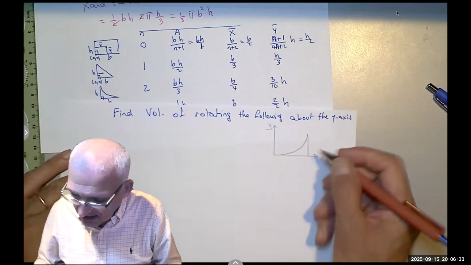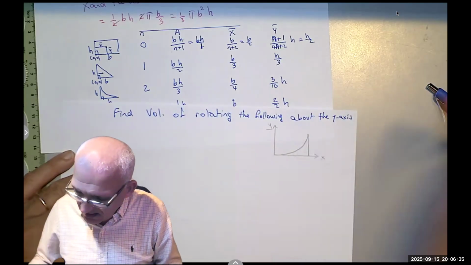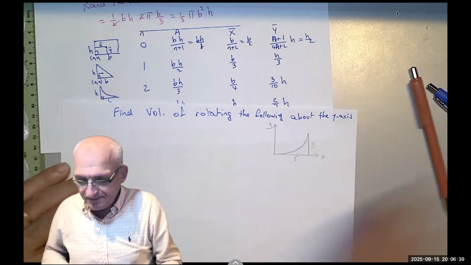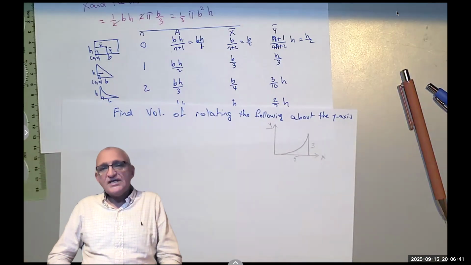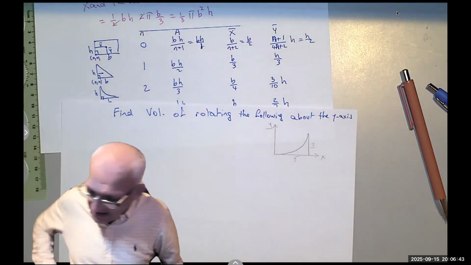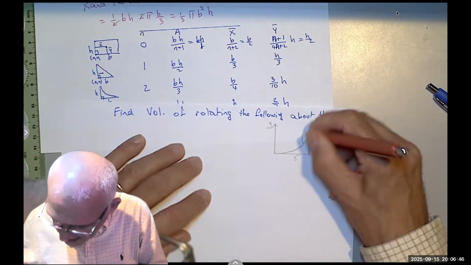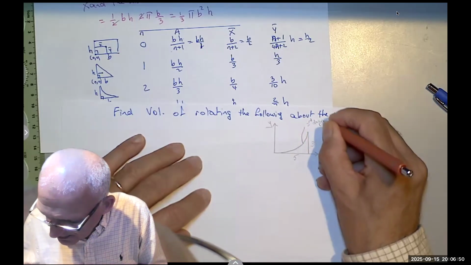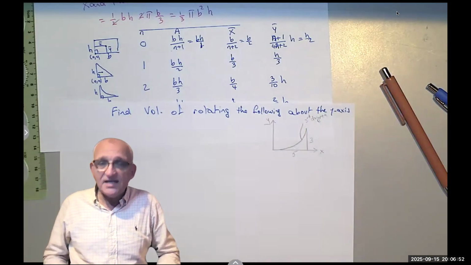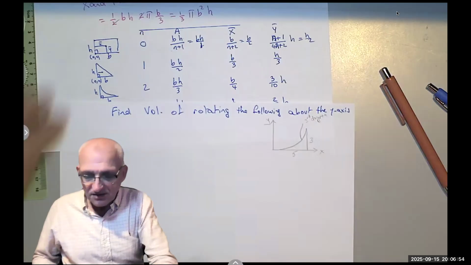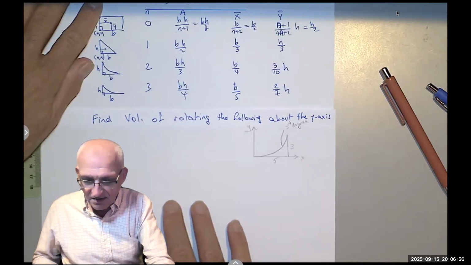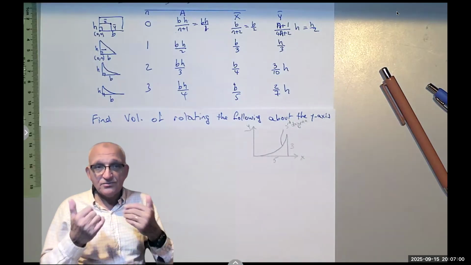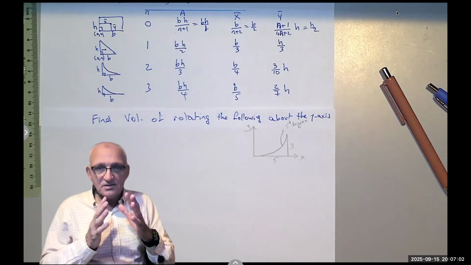So for example, we can say this is 5 and this is 3. I'm going to rotate this shape, a third degree parabola, about the y-axis, and I want to find the volume generated. Here's the information. Pause the video, try it on your own, and let's come back.